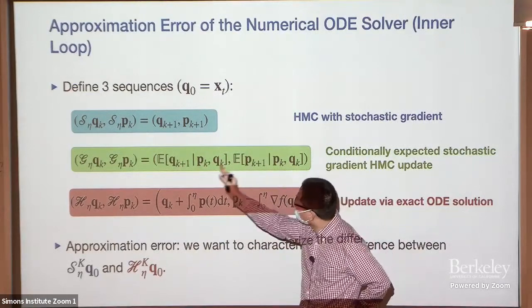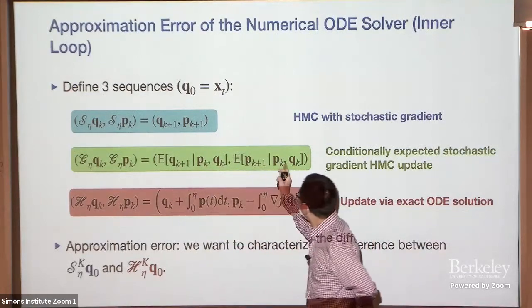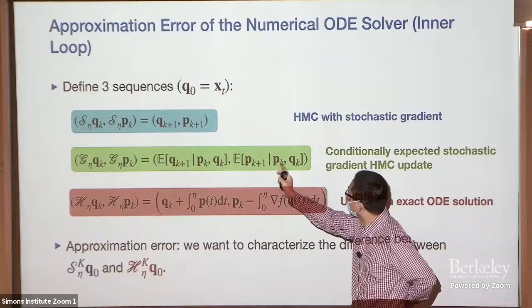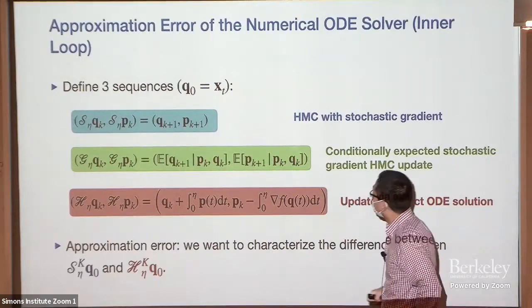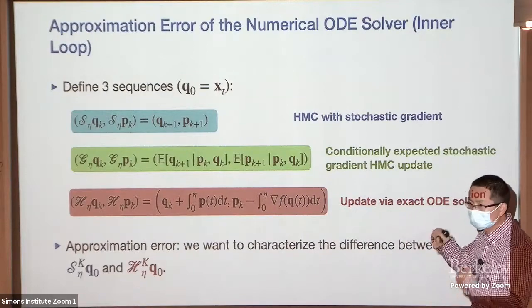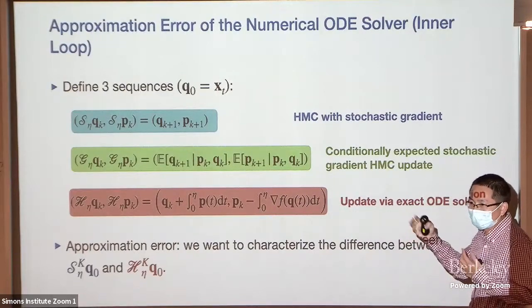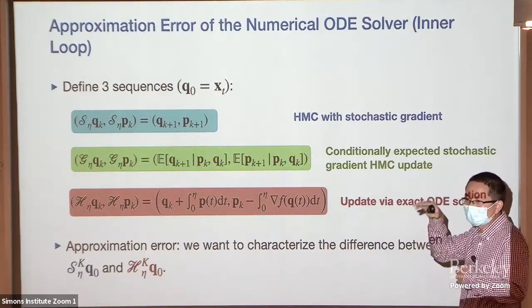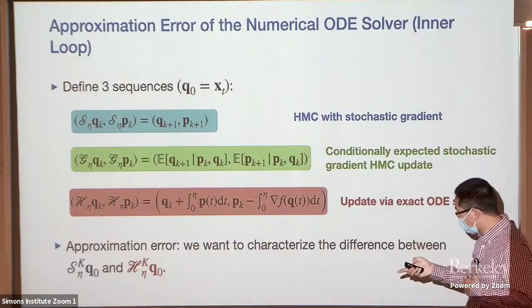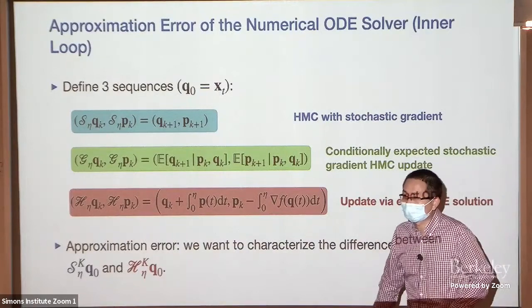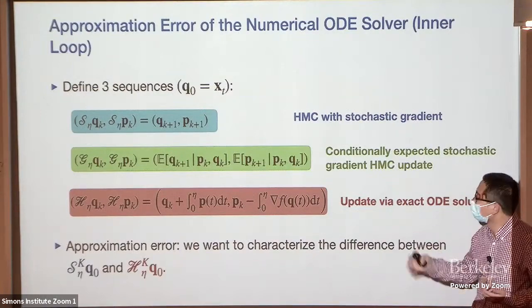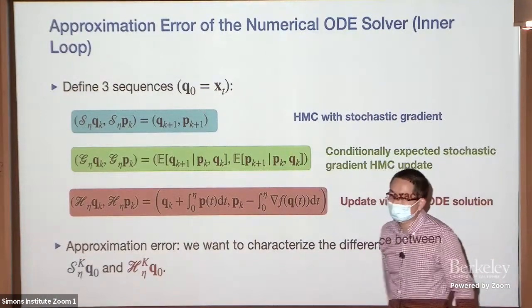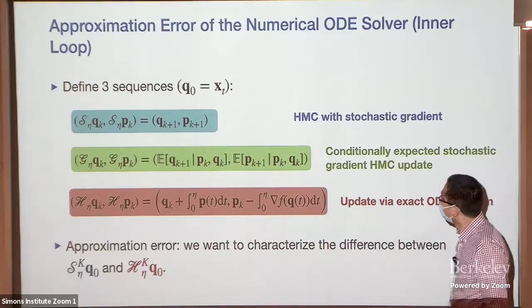Similarly, when I apply G_eta to p_k, I take the conditional expectation of p_{k+1} conditional on p_k and q_k. But this does not give you the full gradient, because in the leapfrog integrator there are three steps, and the first and third steps involve the stochastic gradient. So the stochastic gradient is actually nested, and when you take a conditional expectation, it does not give you the full gradient.